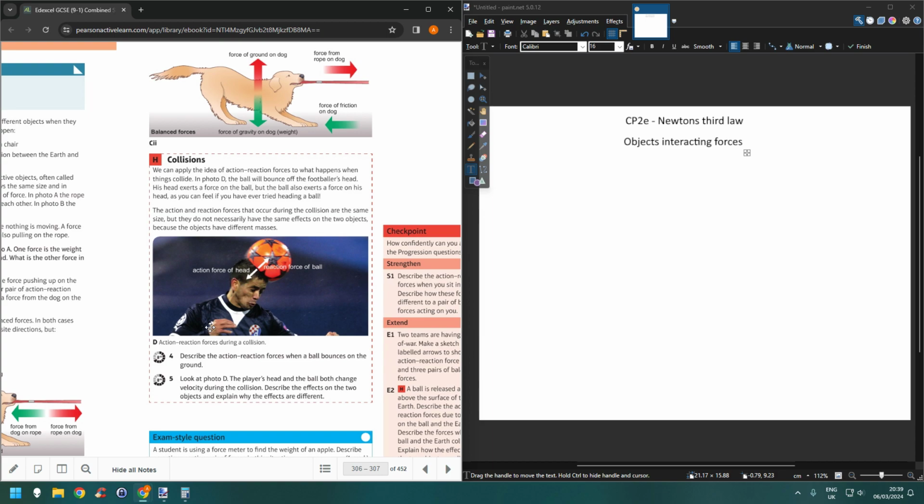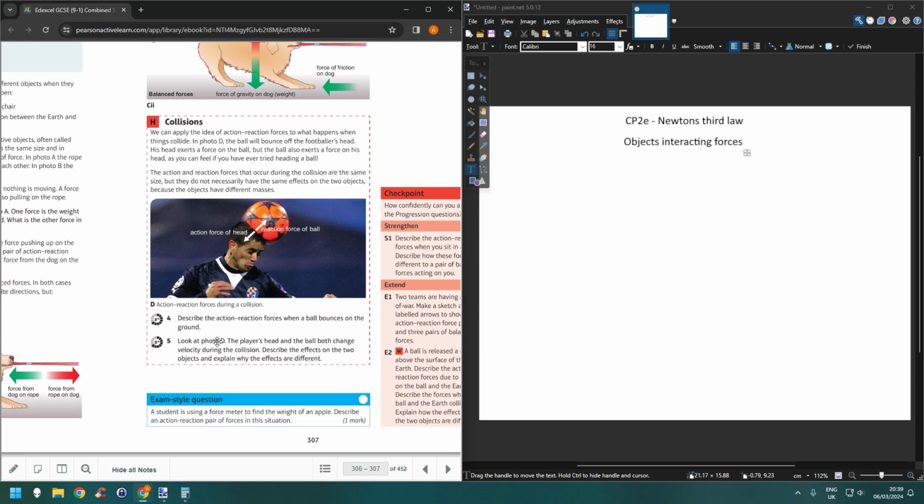Look at photo D. The player's head and the ball both change velocity during the collision. Describe the effects on the two objects and explain why they are different. The ball weighs a lot less and is less dense than the player's head. So the head will move back a little bit, but the ball will bounce off because it's lighter.